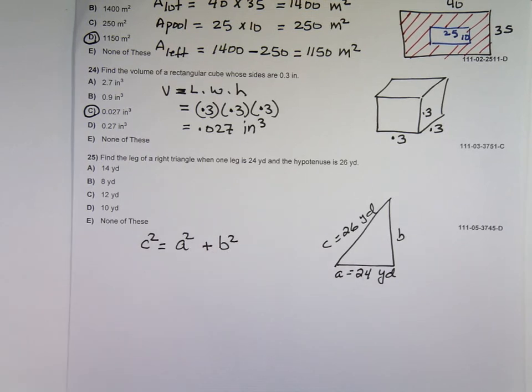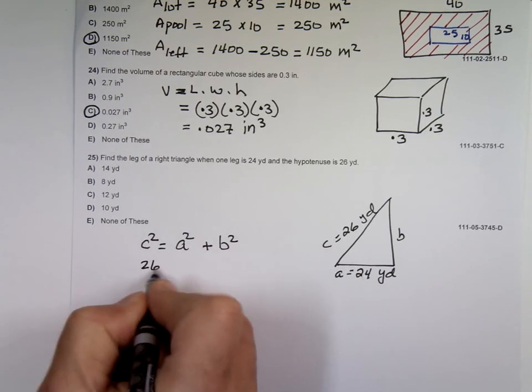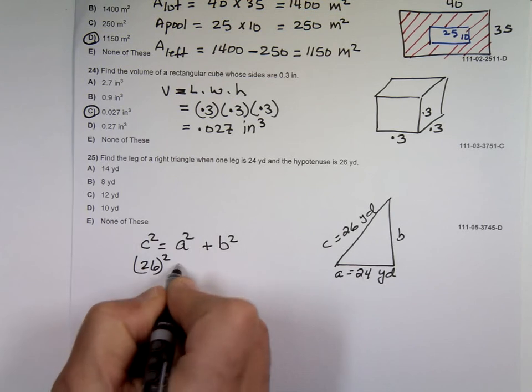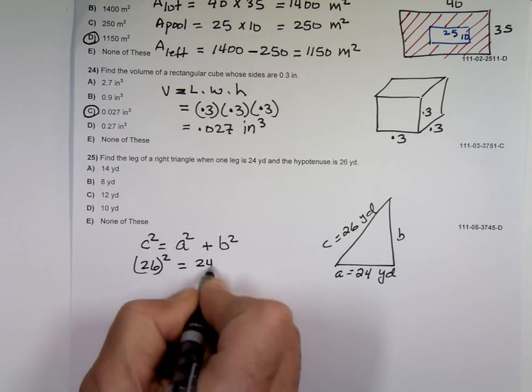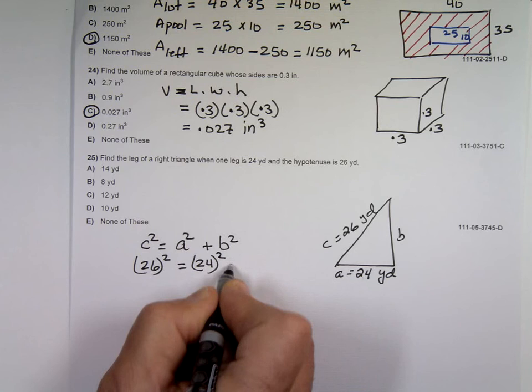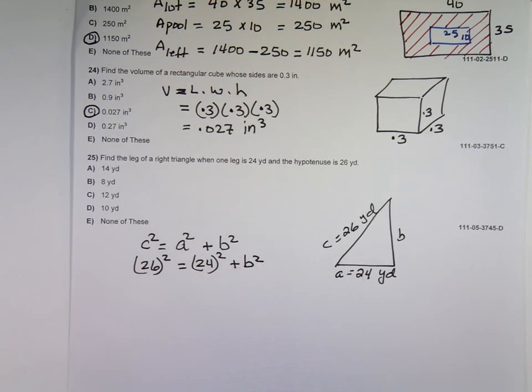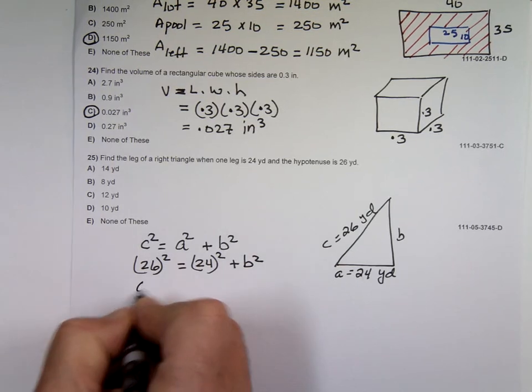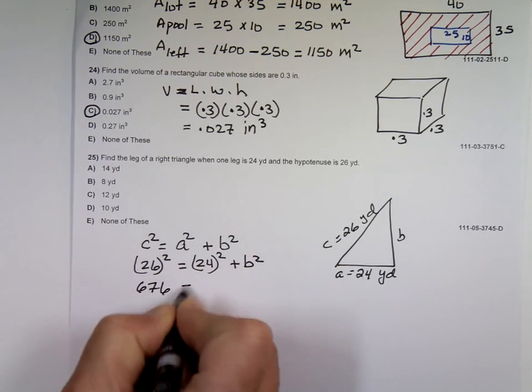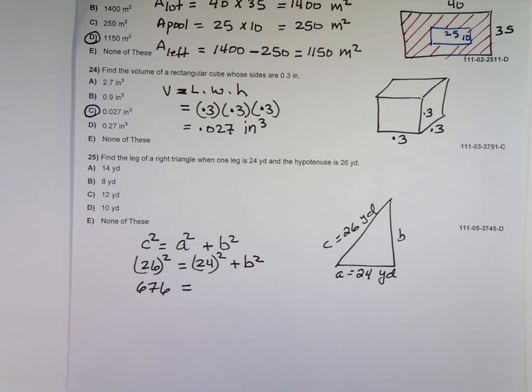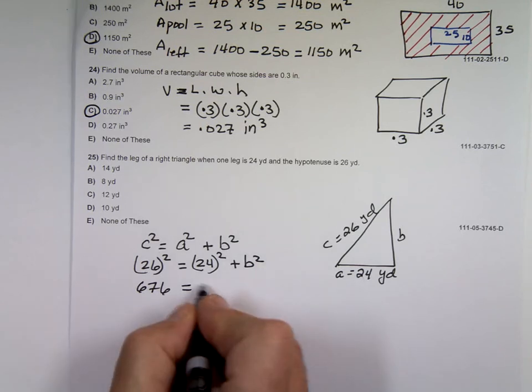26 squared equals 24 squared plus B squared. Now what is 26 squared, when you multiply it by itself? 676. What's 24 squared? 576.